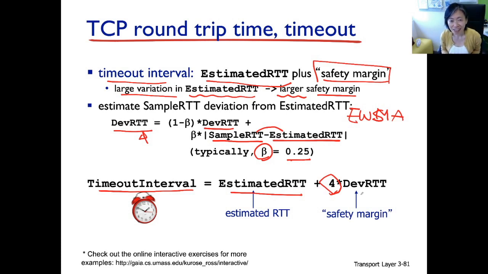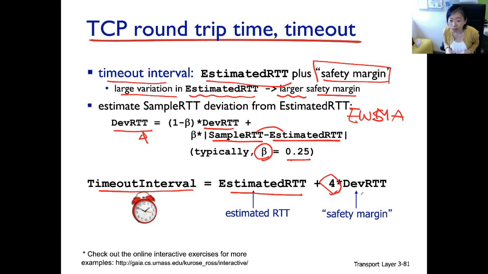So 4 here, seemingly randomly chosen, but if you recall statistics, your first lesson of statistics, there's this thing called the what? Normal distribution. Yeah. In order to cover 99% of the samples, you have to add to the average 3 times the standard deviation.